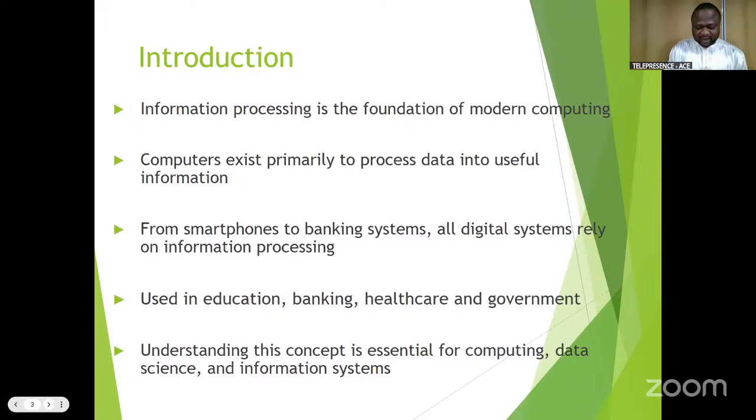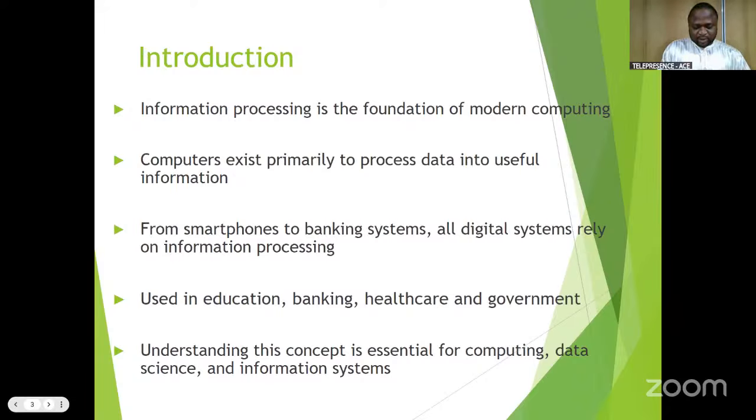At the simplest level, a computer is not an intelligent machine. Rather, it's a tool designed to receive data. And then the computer processes such data according to defined instructions. Thereafter, it produces meaningful results.